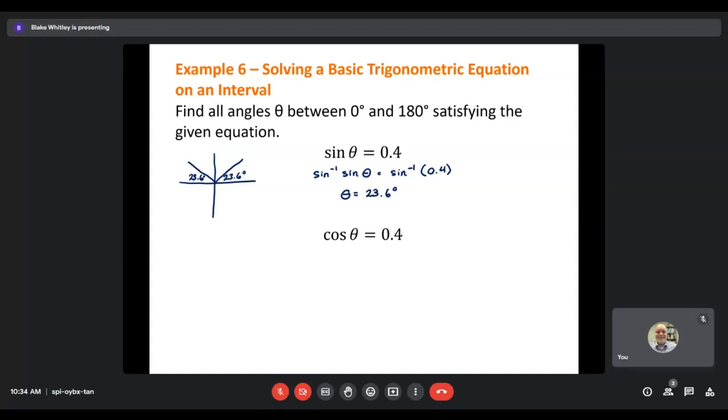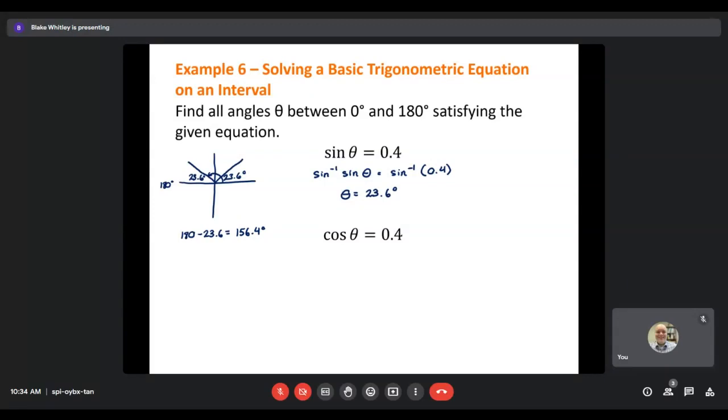And if you recall, sine should be positive in both the first quadrant and the second quadrant, so it's possible that we would get a positive 0.4 from either of these angles now, and that's why we have to look for both. Now, the way we're going to find this larger angle is 180 degrees minus the 23.6 degrees. And if we do that, that should give us 156.4 degrees.